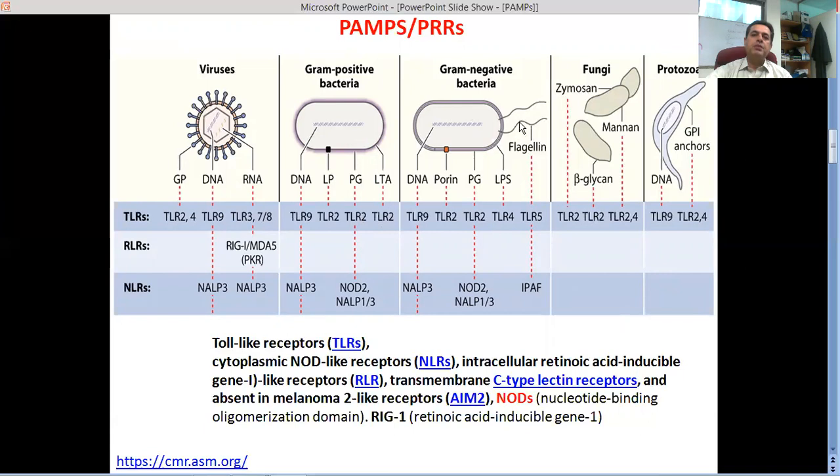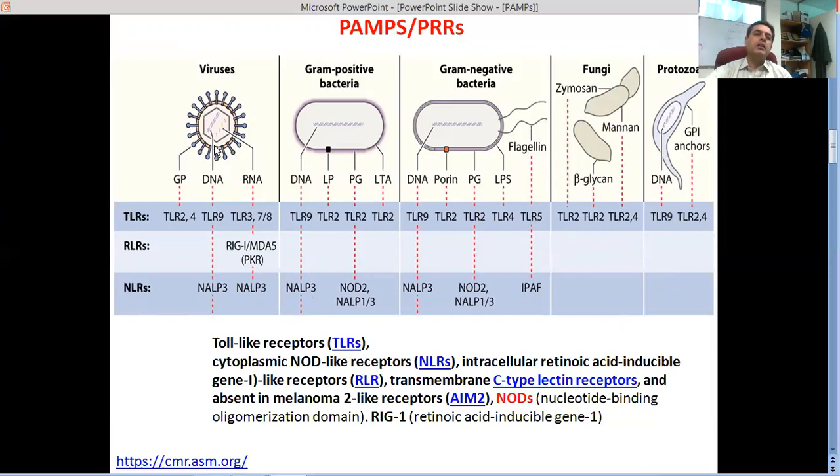All the PAMPs associated with different gram-negative bacteria can be recognized by different toll-like receptors either present on the surfaces of the cells or present on endosomes. Similar is the case with other pathogens, fungi, and protozoa. Different toll-like receptors are involved in this particular process.